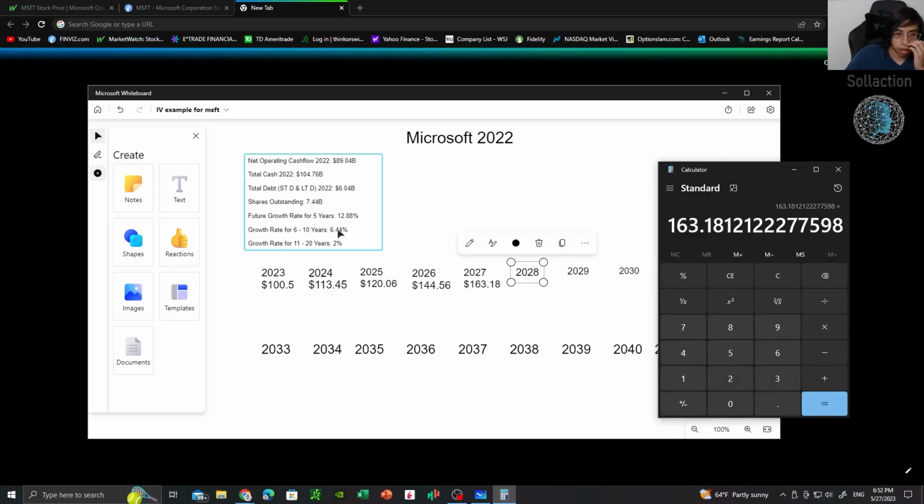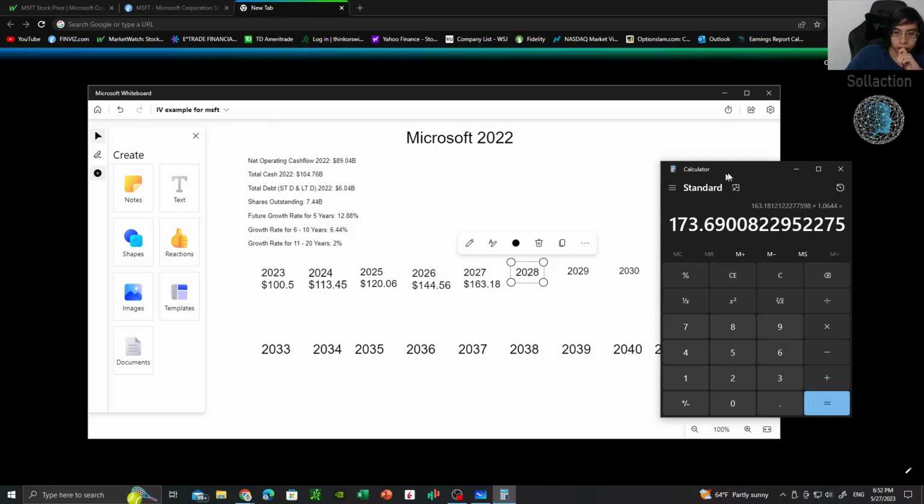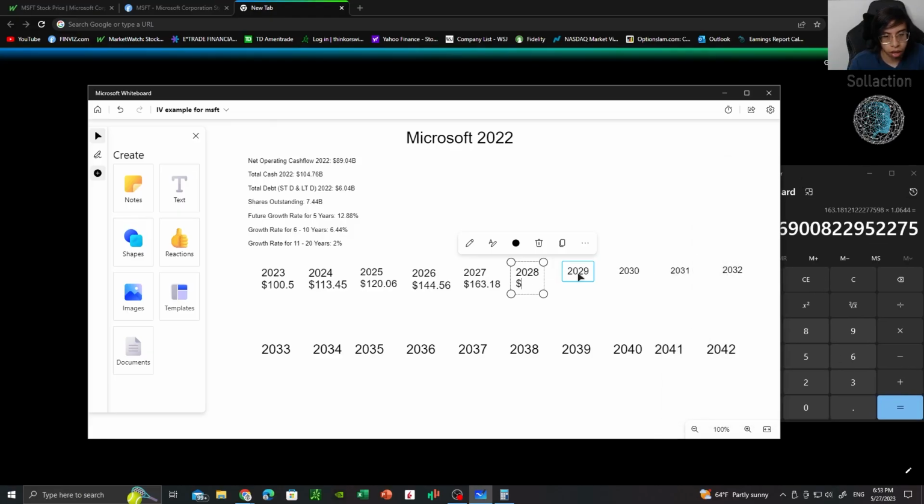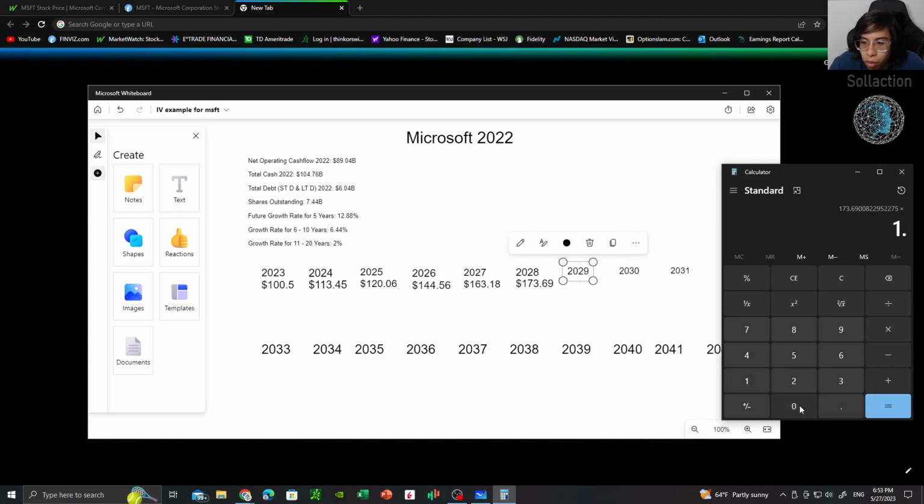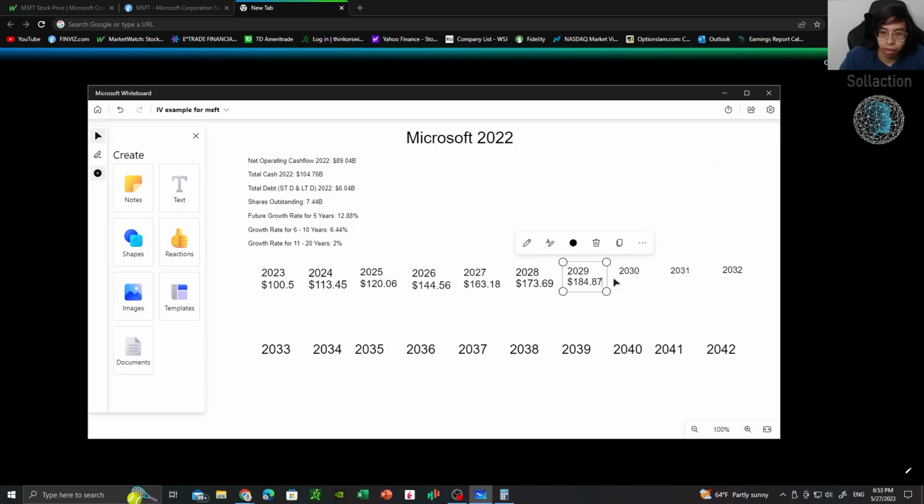Right? Now we're going to calculate this differently. So we multiply this down by 6.44. So it'd be 106.44. There you have it, 173.69. Multiply this again by 106.44, 184.87. And now again, I'm going to keep doing this.